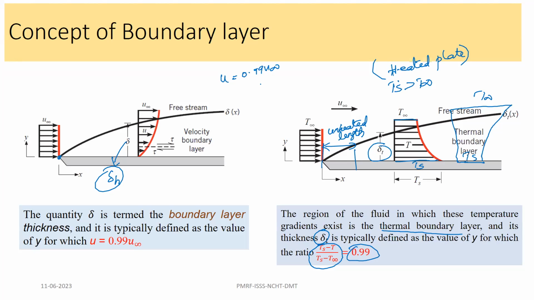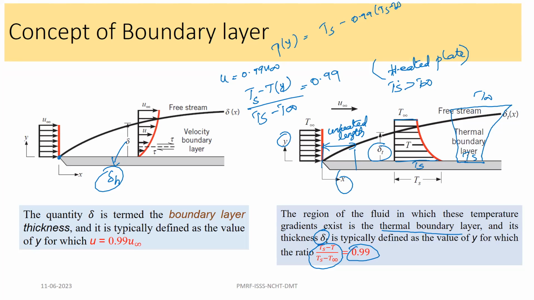But in a heated plate condition, this quantification is Ts minus T, where T is a function of X, Y, divided by Ts minus T infinity is 0.99. Otherwise, we can rearrange it: T of y equals Ts minus 0.99 into Ts minus T infinity. So that quantification is different here.